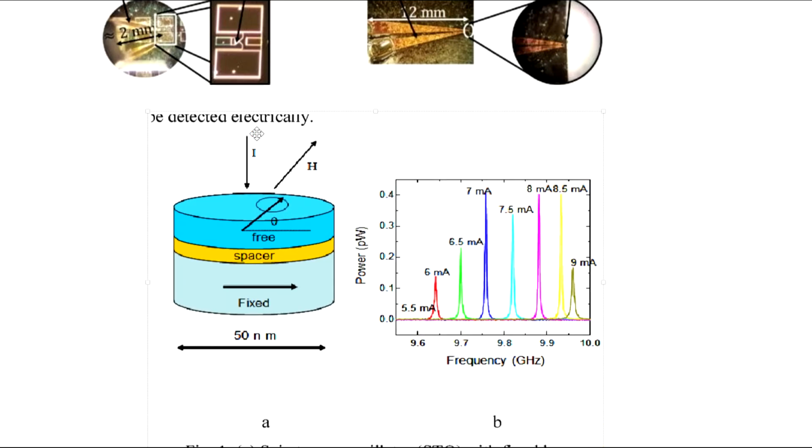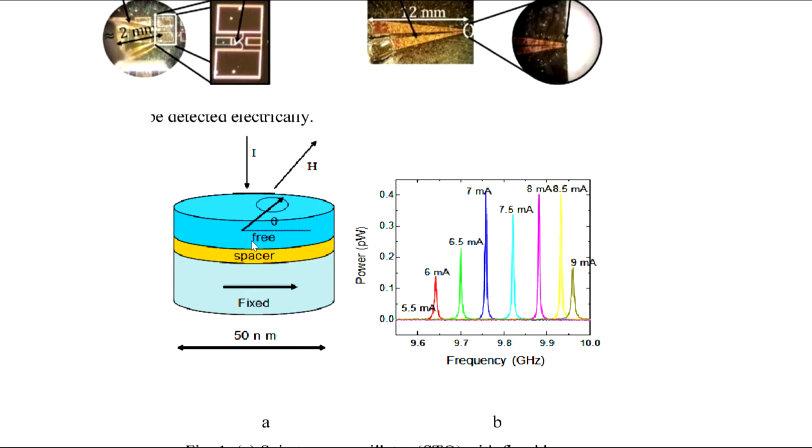So you drive the current through the stack. By the way, there are 2 layers I forgot to mention. There is one layer that is just fixed in a direction, and that can be achieved by making it either thicker or thinner, or you can have more anisotropy by changing the composition. One of the layers is a harder layer, and the other would be a softer layer, which is easier to rotate, and a spacer.